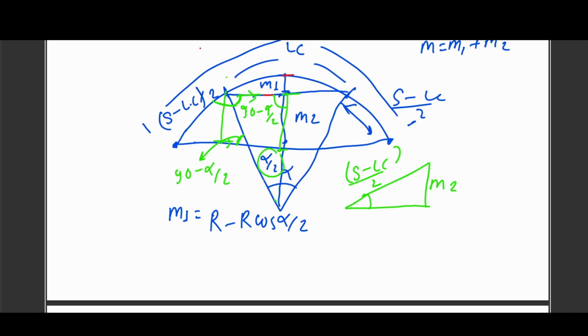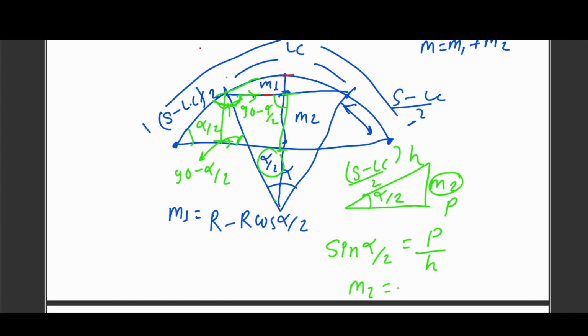And obviously the line cutting the chord portion will always be at 90 degrees. So this is 90 degrees, this is 90 minus alpha by 2, so this angle will be alpha by 2. We need to calculate m2. This is p and this is h. The relation is sine alpha by 2 equals p by h.